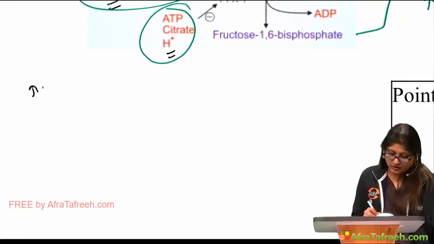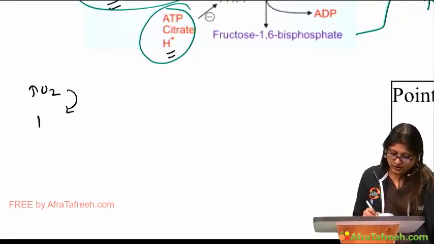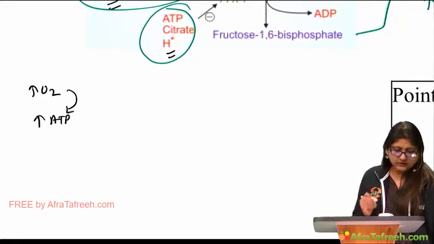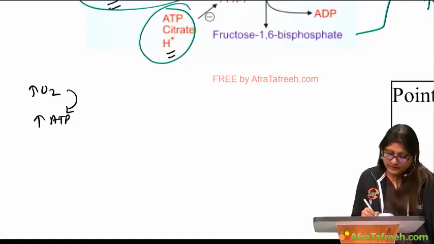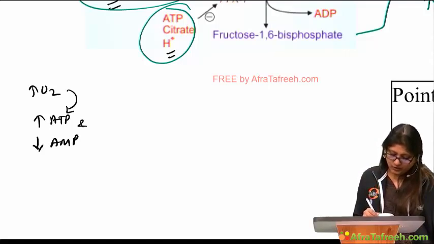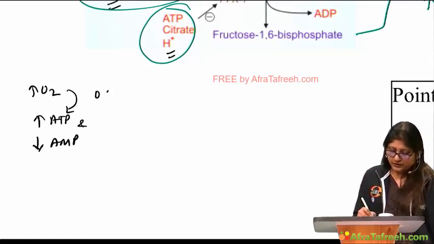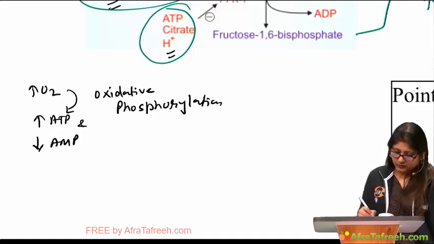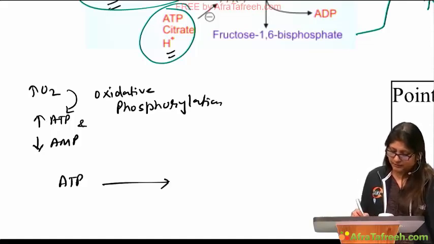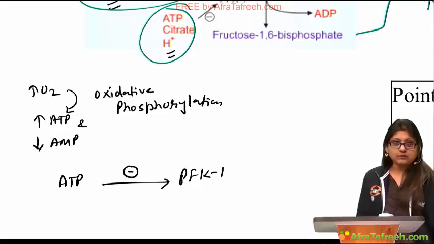If there is a lot of oxygen, there will be a lot of ATP production, right? In oxidative phosphorylation, a lot of ATP production will be there and the levels of ADP and AMP will be lowered. So during the presence of this excessive oxygen, a lot of oxidative phosphorylation is happening. That's going to create a lot of ATP. And what is ATP for PFK1? Anybody? I just told you it's a negative allosteric modifier.